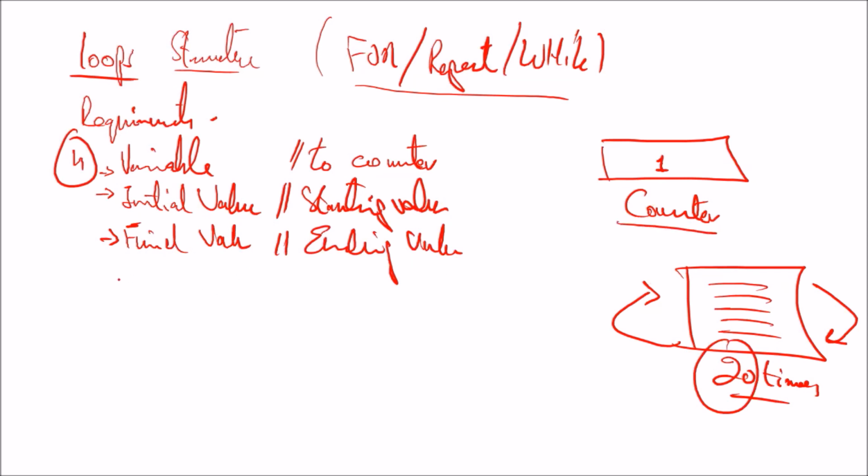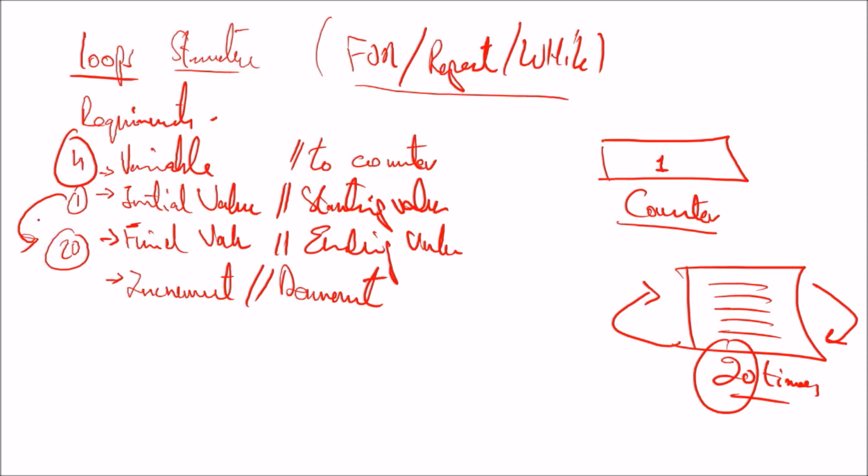And an increment, or you can say decrement value. Increment क्या होता है? Suppose अभी ये 1 से start हुआ है, and we have to go till 20. So 1 के बाद 2 आएगा, 3, 4, and it is incrementing of 1. एक का प्लस हो रहा है ना, 1 से फिर वो 2 पे जाएगा, 3, then 4 and 5, 6 and up to 20.